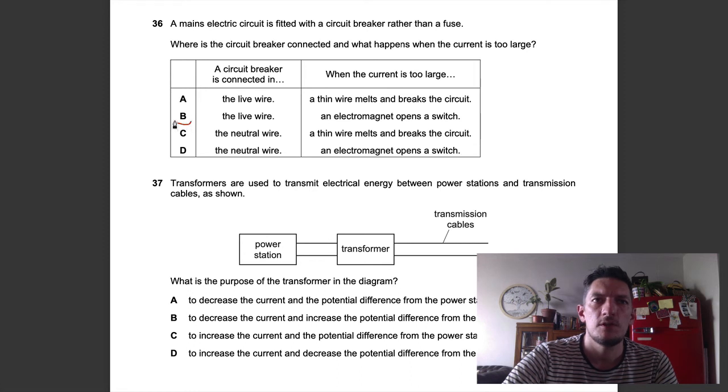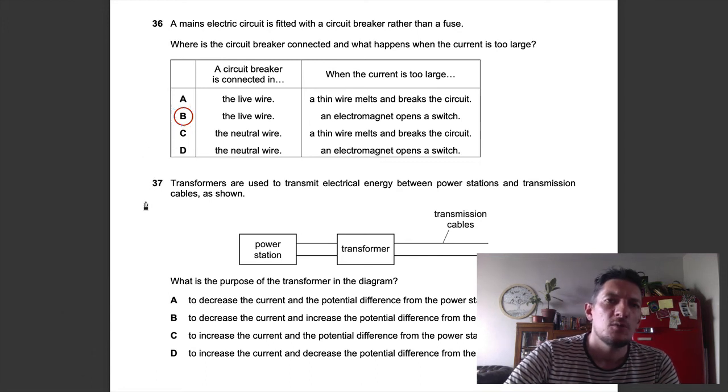I'm going to go with B over here. Not sure if they're connected to the live or neutral. I might be wrong on that one. We'll have to check.